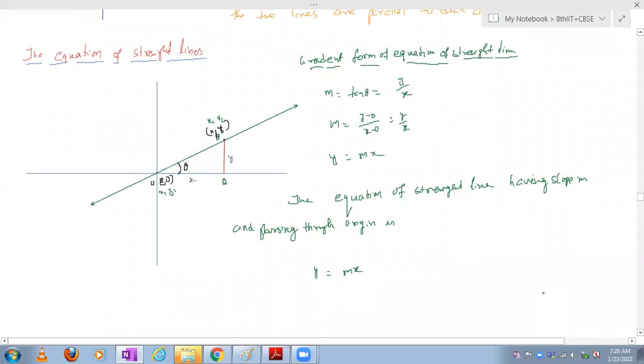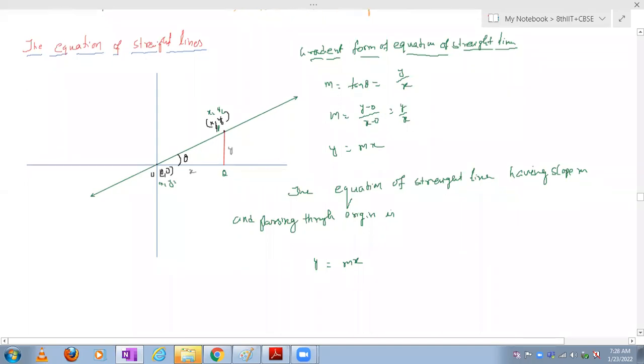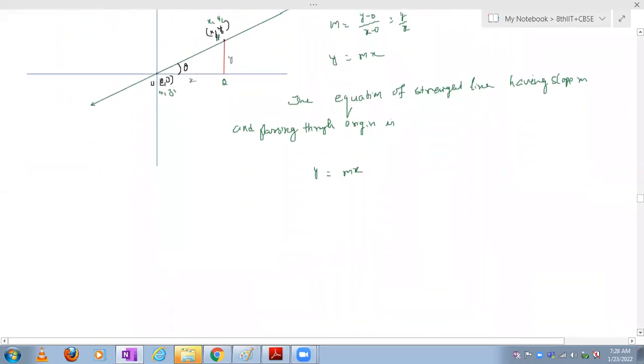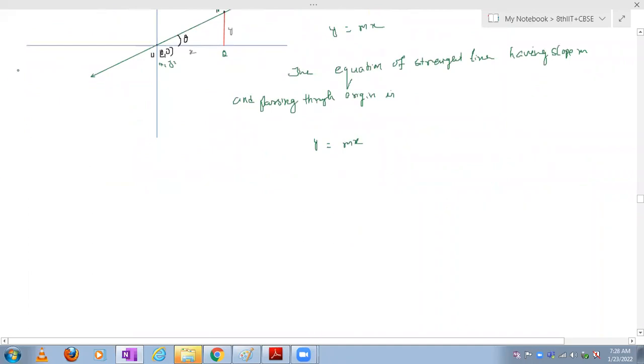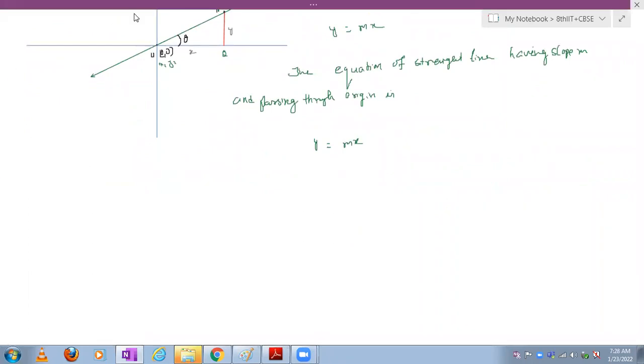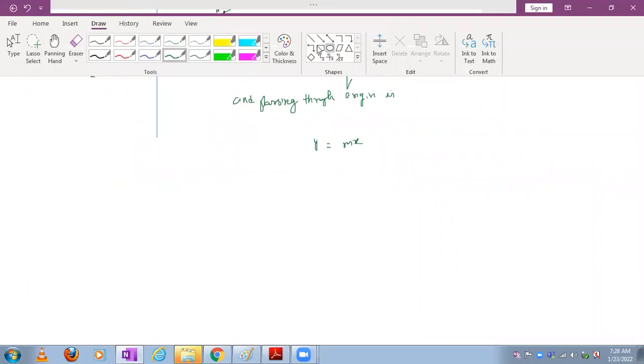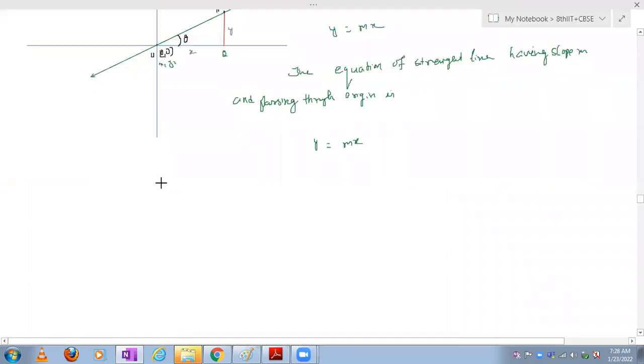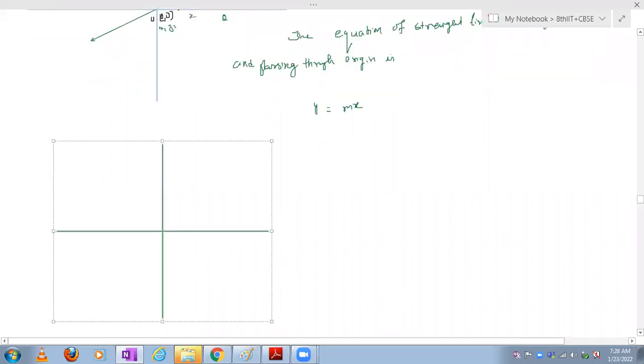Now, suppose there is another straight line. Okay, let's draw a coordinate axis now, like this. And there is another straight line I will draw.